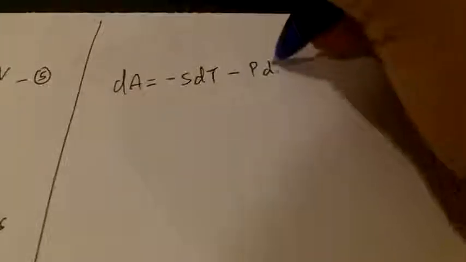We have Helmholtz free energy. Now how do we derive this? dA equals minus SdT minus PdV. Now we notice both of these properties have negative signs, so we can put this into our equation as follows.